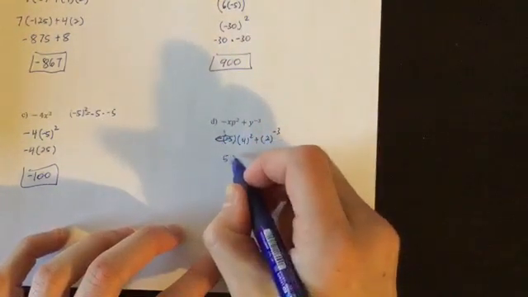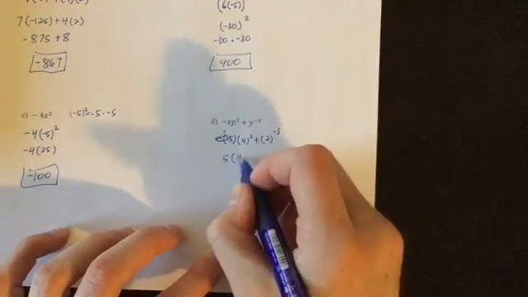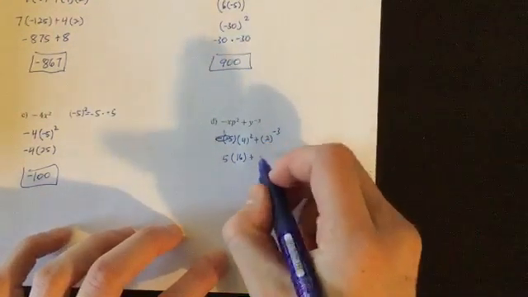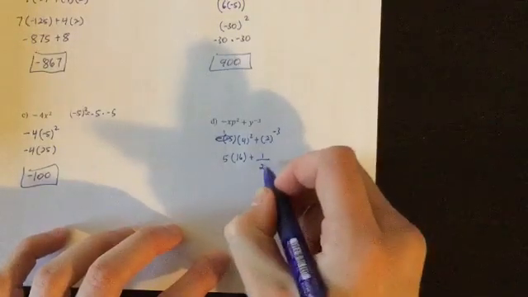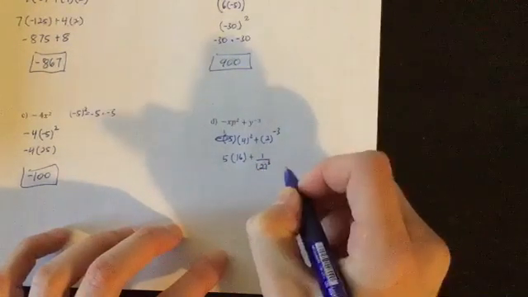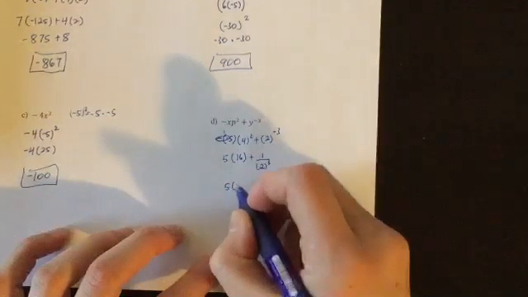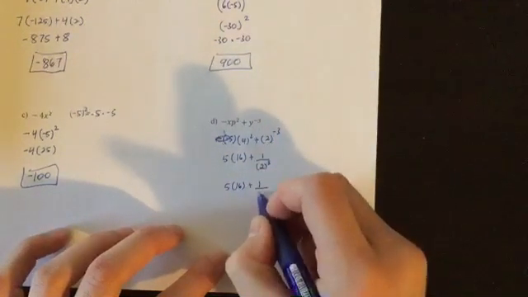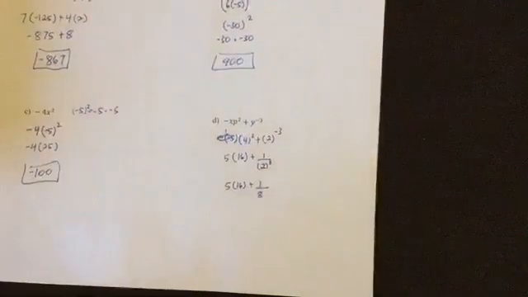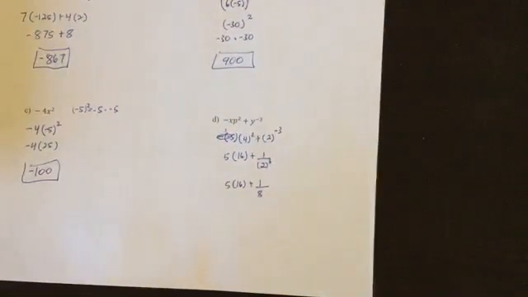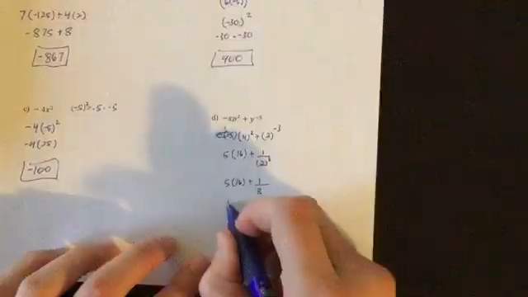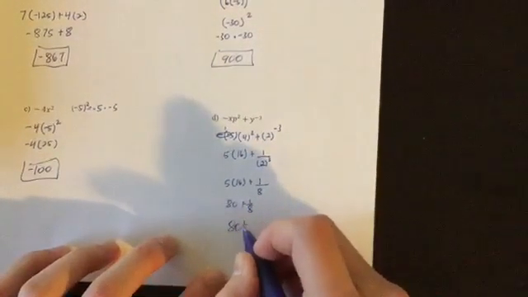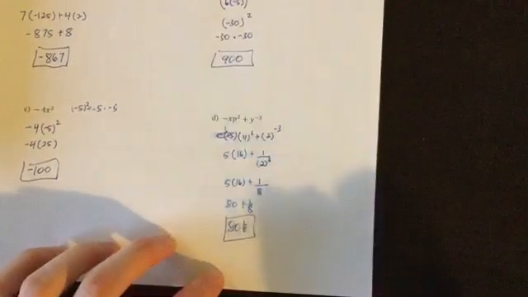So we've got a positive 5 times 4 squared is 16 plus, negative exponent, put in the bottom, 1 over 2 to the third power. 1 over 2 to the third, that's 1/8. 5 times 16 is 80. So we've got 80 plus 1/8, which is going to be 80 and 1/8.